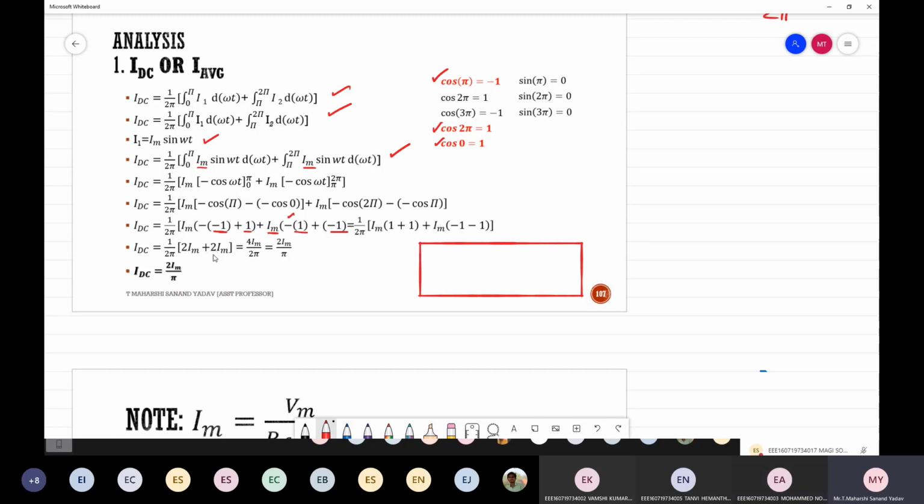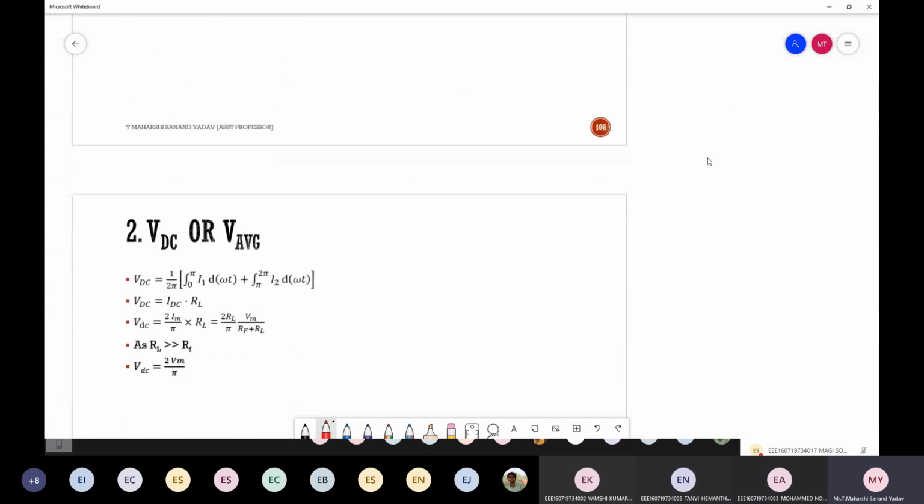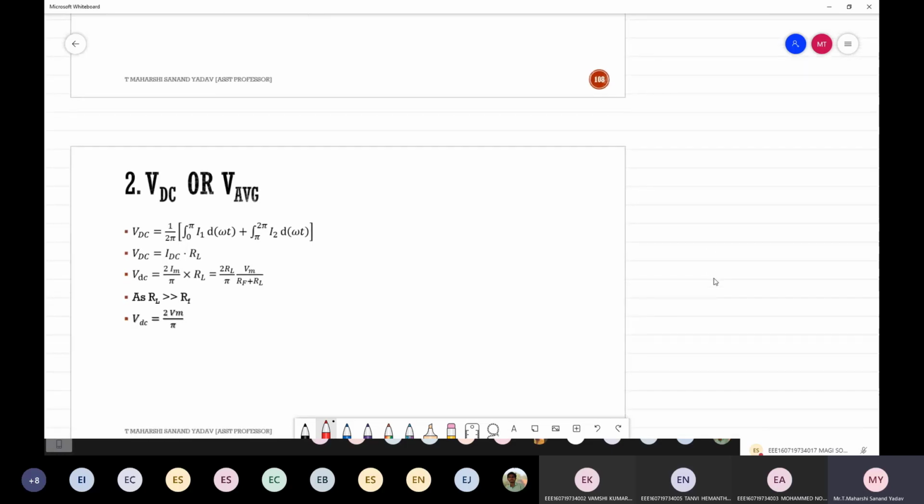This is equivalent to 2Im plus 2Im, which is 4Im. So 4Im by 2 pi. 2 and 2 get cancelled, so this is 2Im by pi. So IDC is 2Im by pi for the full wave rectifier, whereas for half wave it is Im by pi. Next, as you know this condition, I'm not discussing it. So what is the answer for VDC?